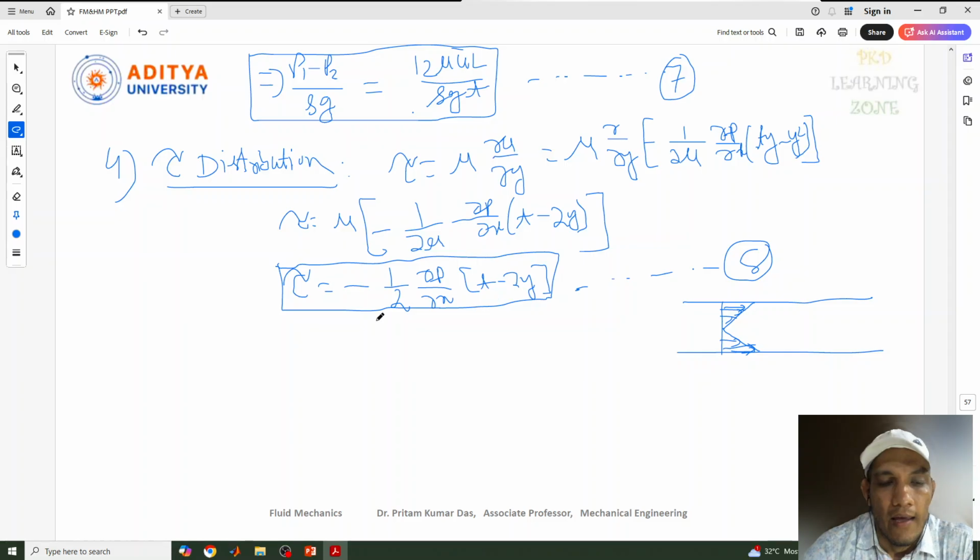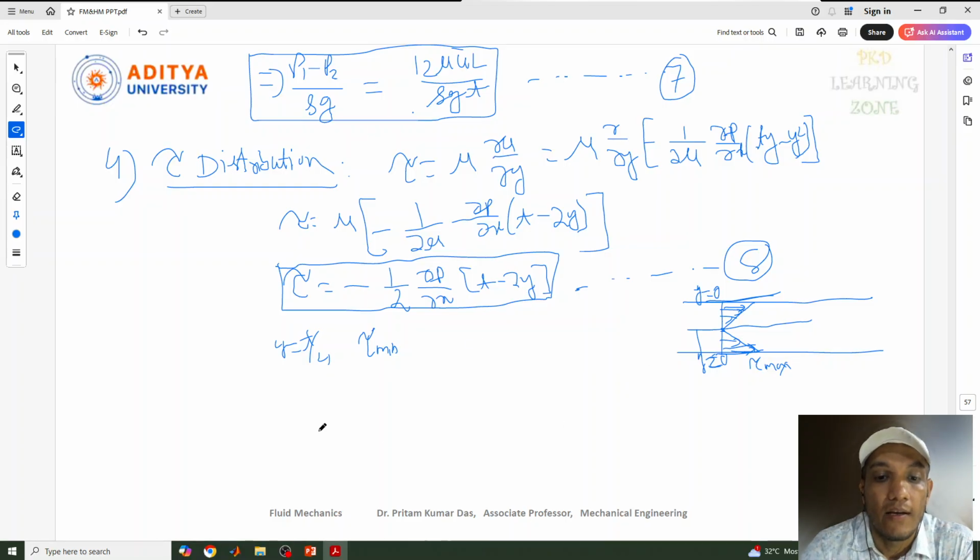And as I told you, the shear stress is maximum when y equal to 0, at the two different walls, this wall and this wall. When y equal to t by 2, the shear stress is minimum, zero.